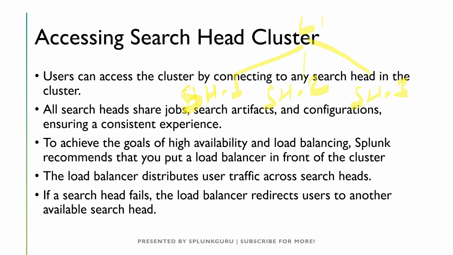You configure the load balancer and then let your users connect to your search head clustering using this load balancer. So you can configure DNS or something, right? You can give them the URL and then they can hit this URL and that request will end up at any of these members. So this load balancer can efficiently manage that workload, right? It will know where to redirect the load.